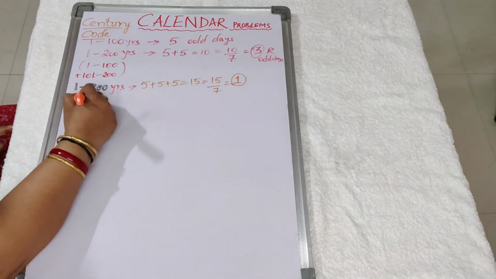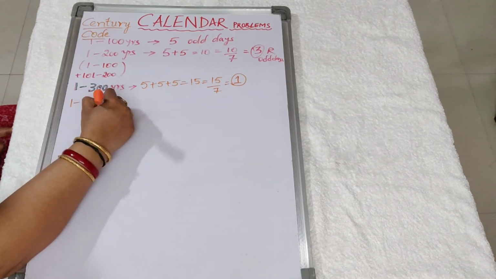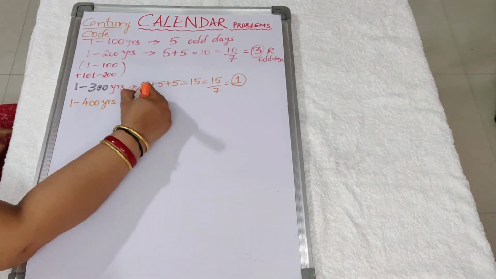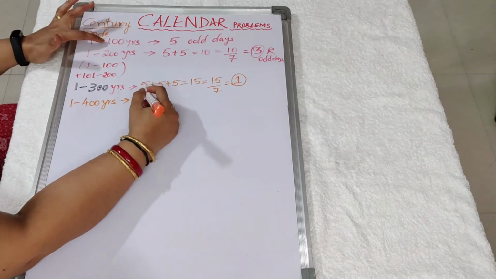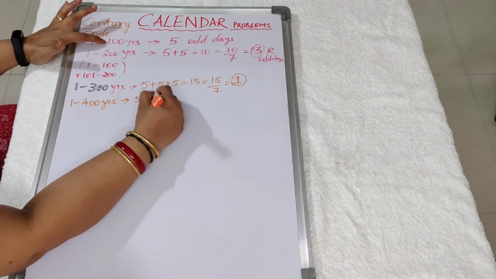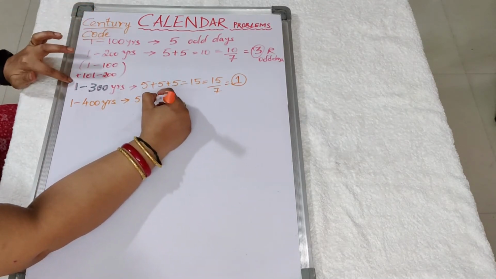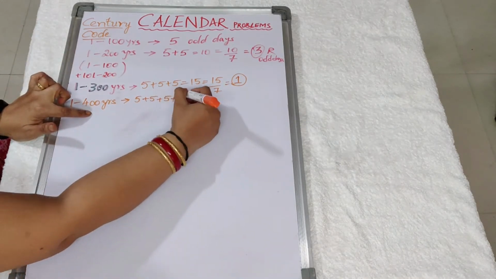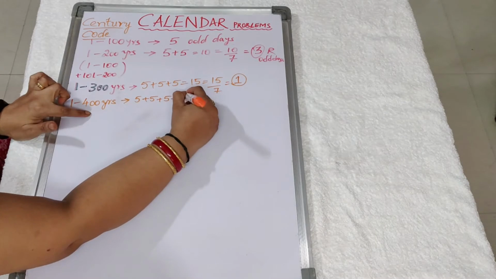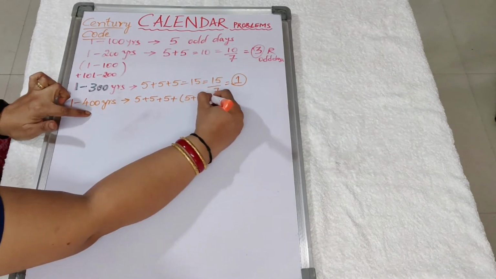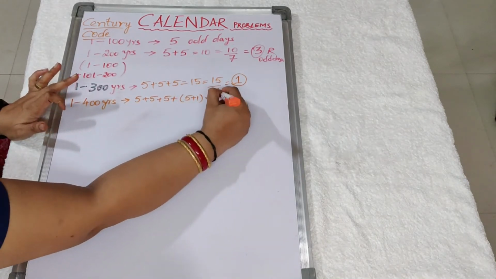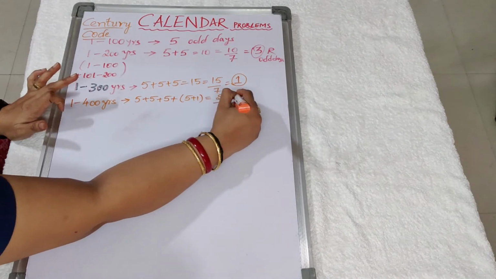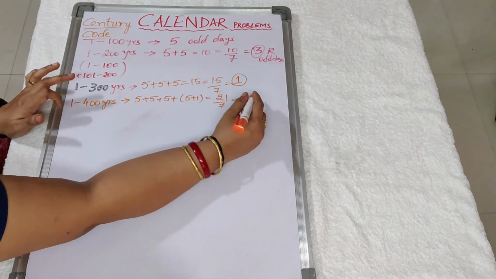Now we are going to 1 to 400 years. So for 1 to 400 years, 1 to 100 is 5, 200 it is 5, 300 it is 5. But for 400 years, we have seen that it is 5 plus 1, that is 6. So what do we get? 15 plus 6, 21, divided by 7 is completely divisible, so the remainder is 0.